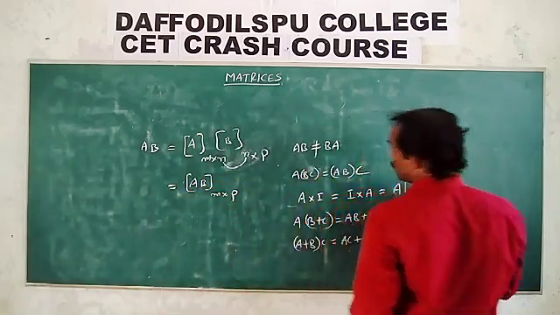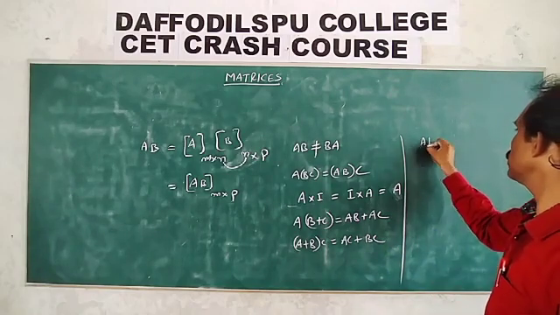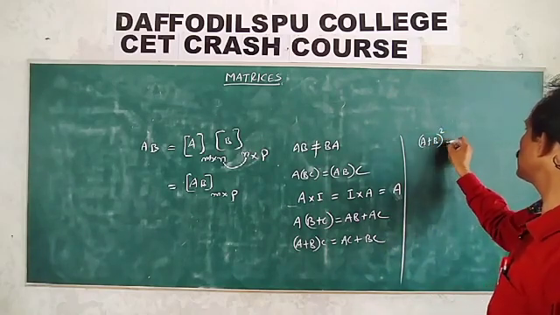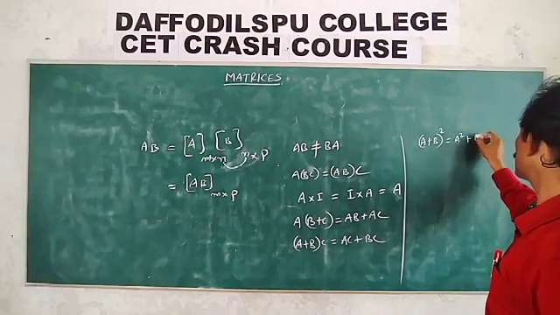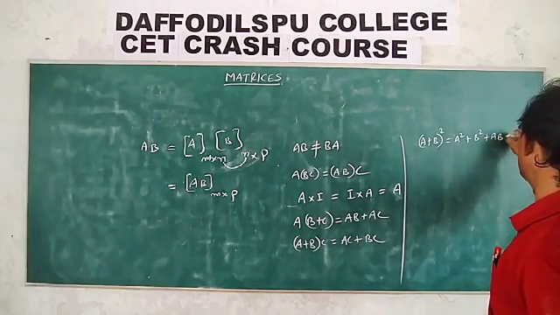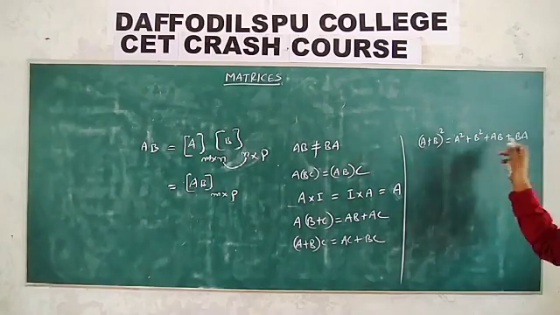And algebra laws are not applicable. That is, A plus B whole square is equal to A square plus B square plus AB plus BA only. These are not equal. If they were equal, then it would be 2AB.